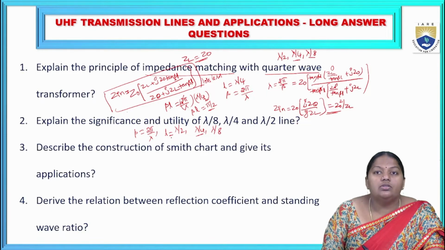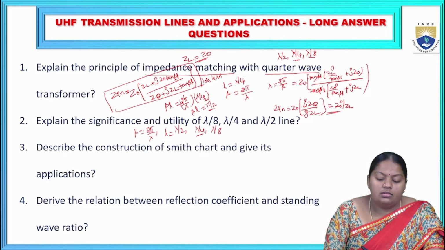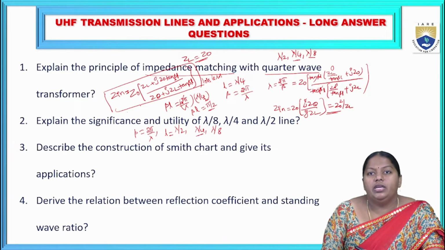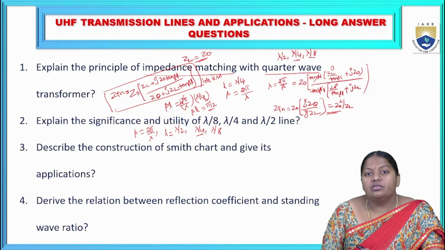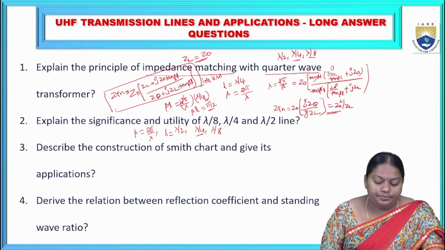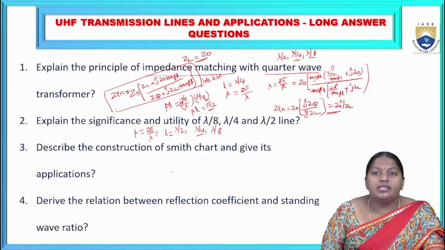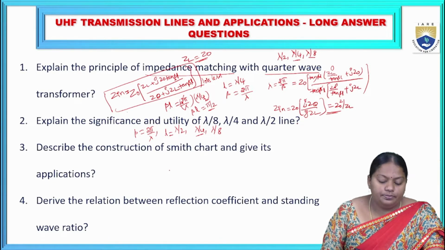Then beta into L needs to be multiplied and substituted, and we relate the three relations with respect to the input impedance of a transmission line. This is the way we analyze the significance and usage of the lambda by 8, lambda by 4 and lambda by 2 lines in impedance matching.